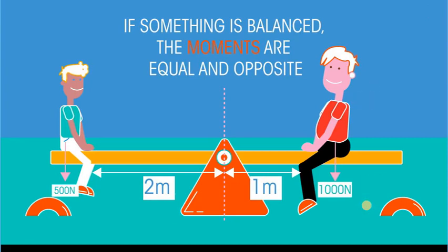He is moving in an anti-clockwise direction. So when you multiply his weight times the distance from the pivot, you will find that this is 1,000 newton meters. When you multiply his weight times the distance from the pivot, because he is closer to the pivot, his moment is also 1,000 newton meters, which means that the anti-clockwise moments are equal to the clockwise moments, if you observe.